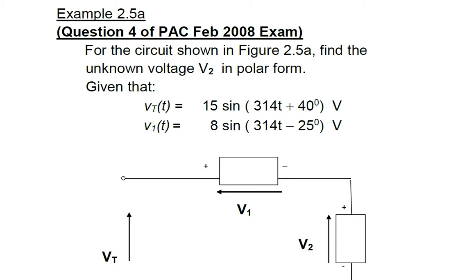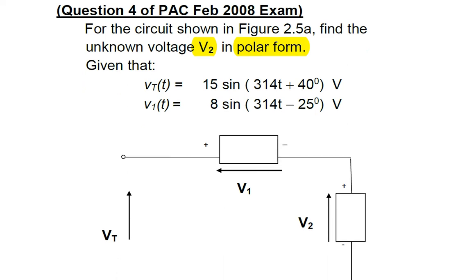In this video, we want to look at example 2.5a, which is found in your lecture notes. It goes as follows. For the circuit shown in figure 2.5a, find the unknown voltage V2 in polar form.